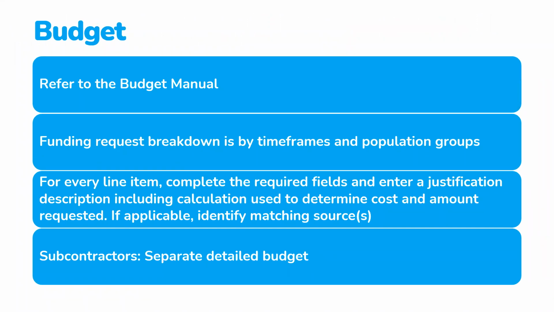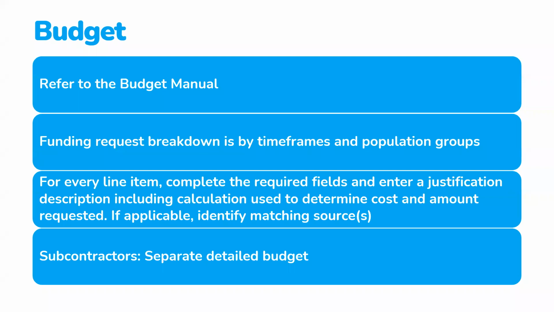Now in the budget, it has been a relevant theme across the entire application that if you are applying for multiple populations and timeframes, everything is entered by time frame and by population.